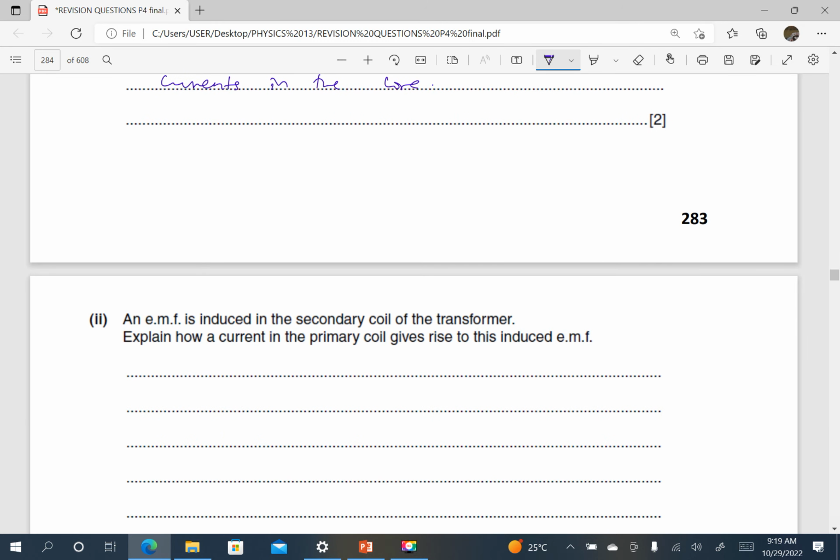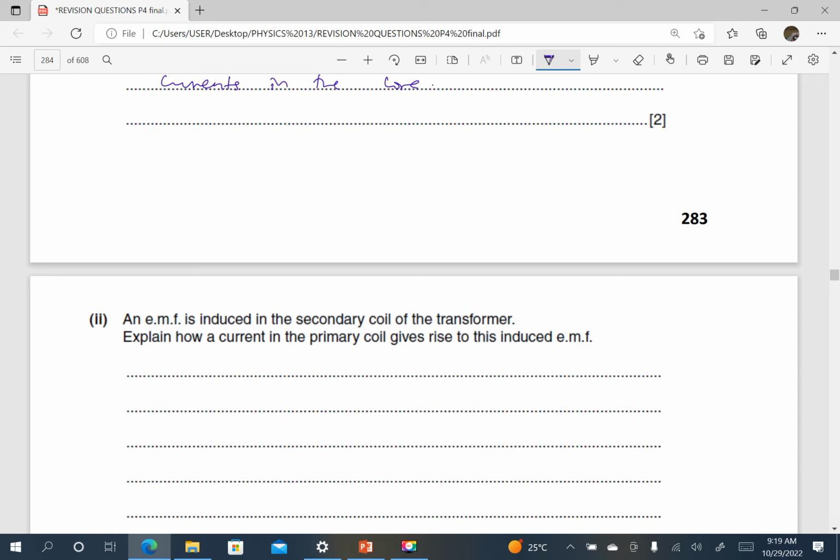Next, an EMF is induced in the secondary coil of the transformer. Explain why the primary coil gives rise to this induced EMF.